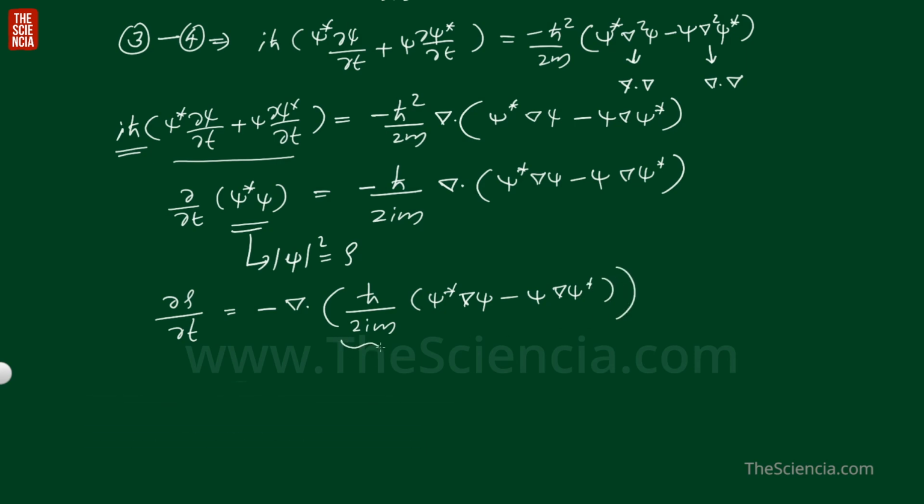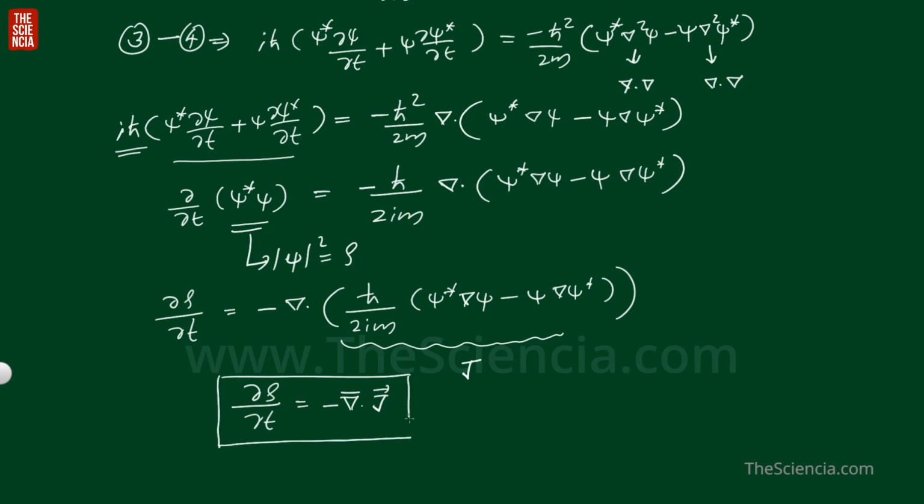Here this entire term is called probability current density J. That is, we got ∂rho/∂t is equal to minus del dot J vector. And this equation is called the equation of continuity.